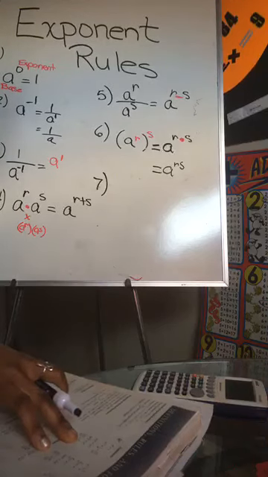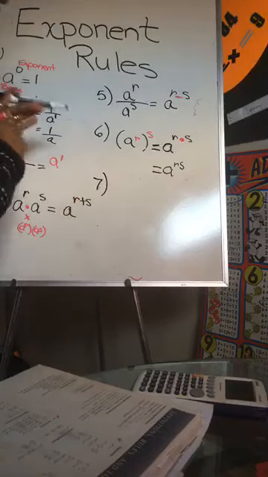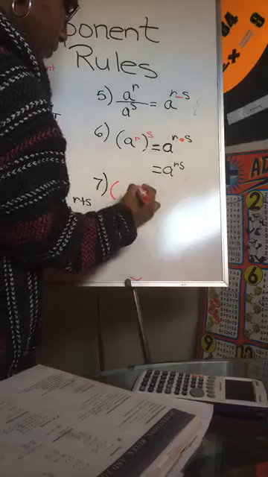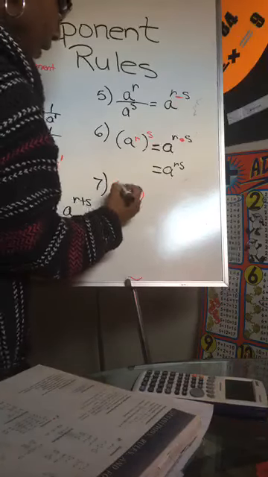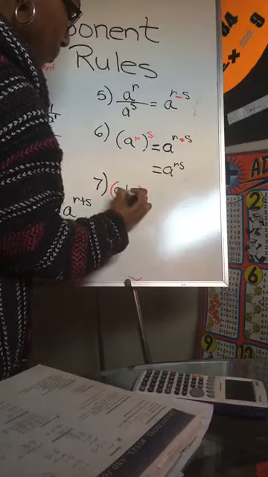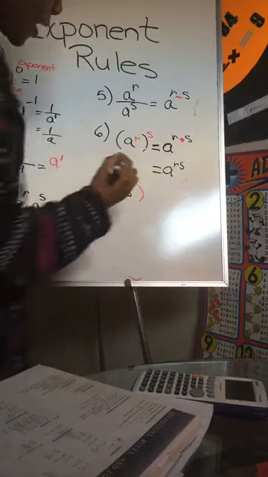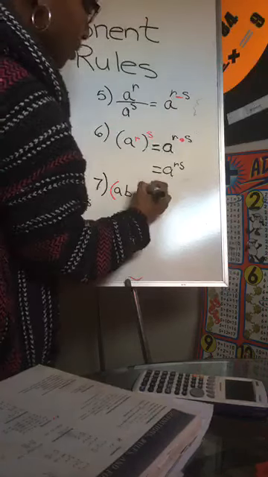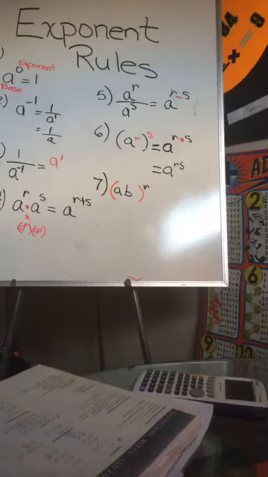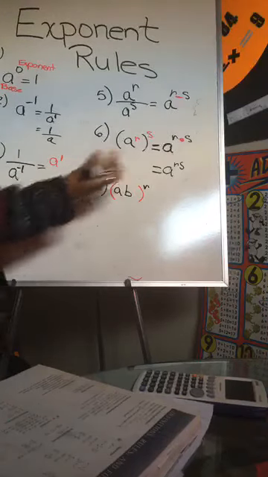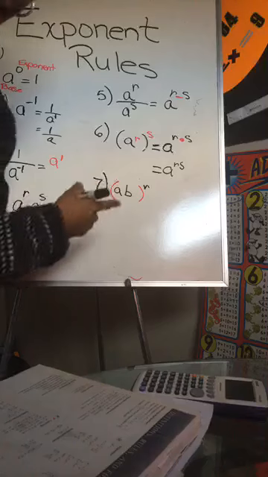All right, the next one is if we have, let's make our parentheses here, A and B raised to an exponent, and I'm using a letter here, R. So that means we have to break it up.